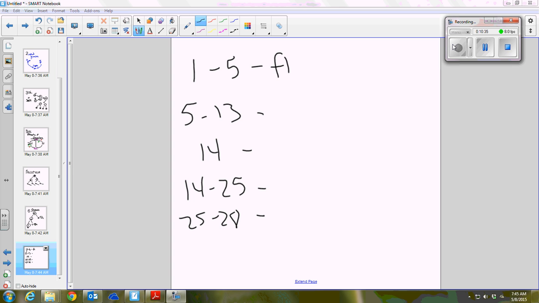So first you have what's called the menstrual flow phase. In the menstrual flow phase, this is where the old endometrium, this is the lining of the uterus, is getting ready to be shed because pregnancy did not occur.